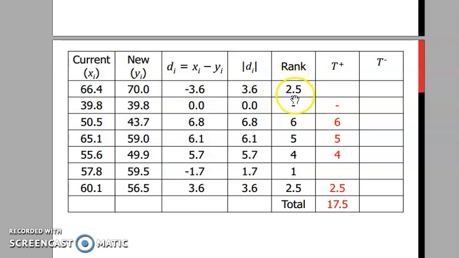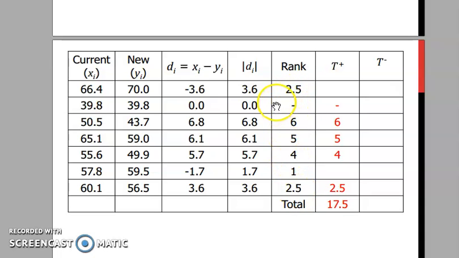So how do we rank? The lowest is 1.7, so it gets rank 1, and then for 3.6 we have two values, 3.6 and 3.6. So they will take the ranks of 2 and 3. The average of 2 and 3 is 2 plus 3 divided by 2, which is 2.5. So they are sharing the rank 2.5, and also 2.5 here.